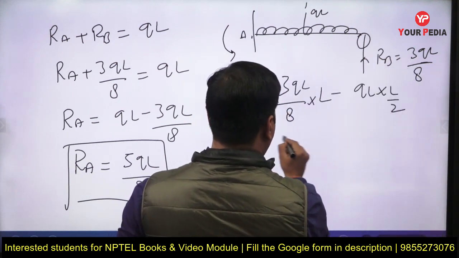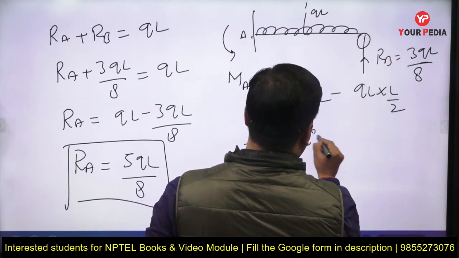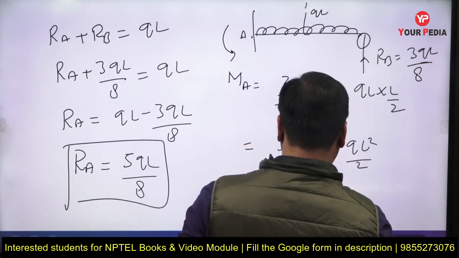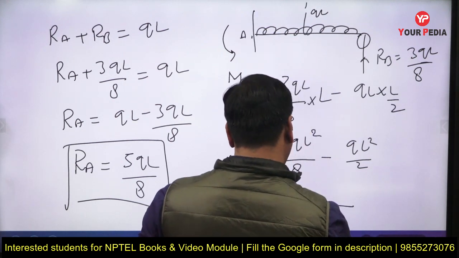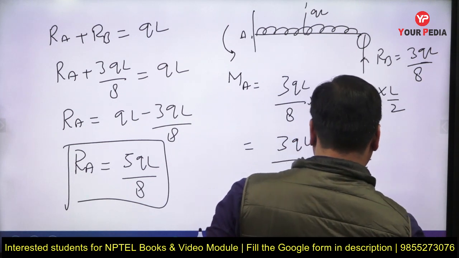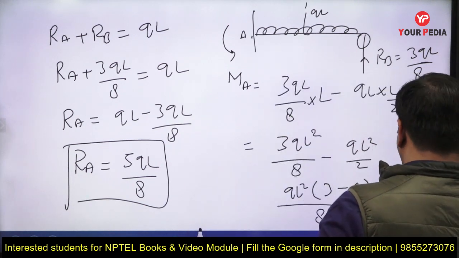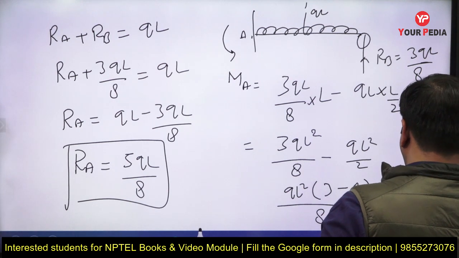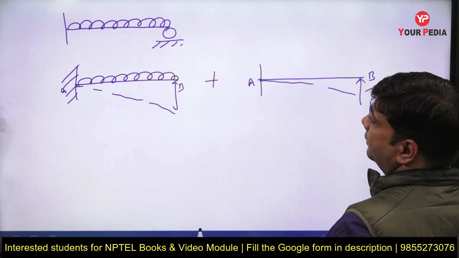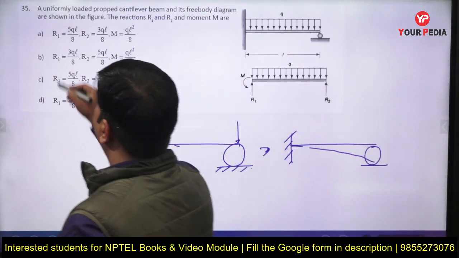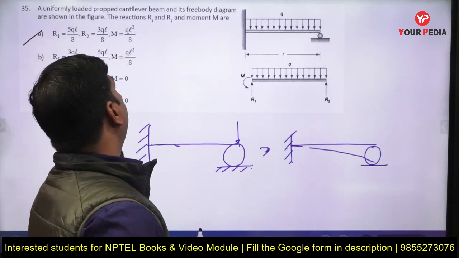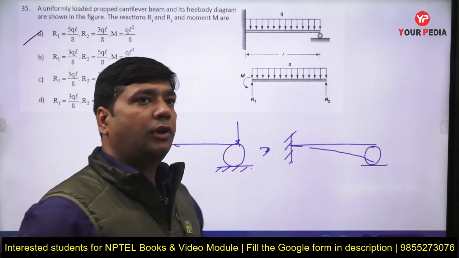So this is 3 q L square by 8 minus q L square by 2. Take the LCM: q L square times 3 minus 4, so that comes to be minus q L square by 8. This is the moment. As you see in the options, the reaction at A is 5 q L by 8, the reaction at B is 3 q L by 8, and the moment is q L square by 8.